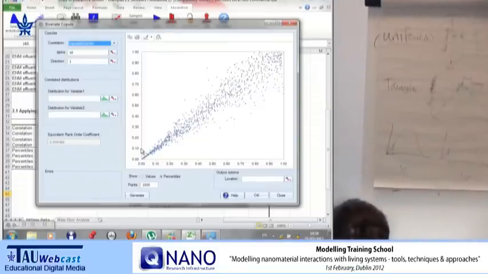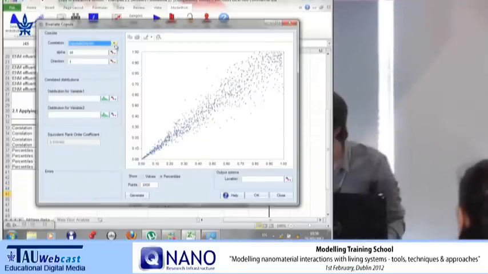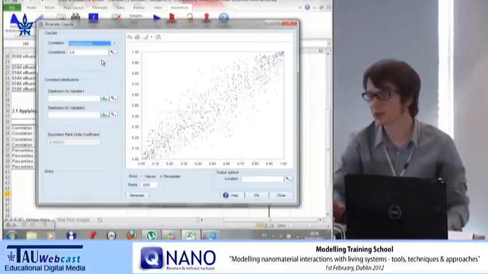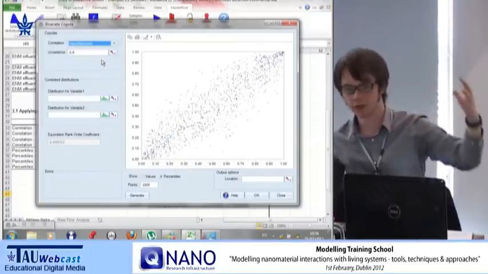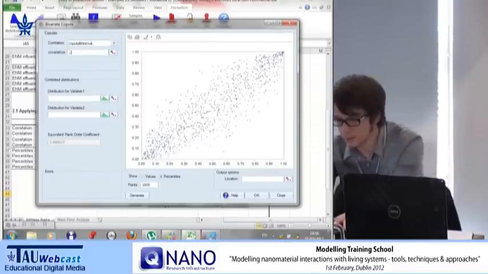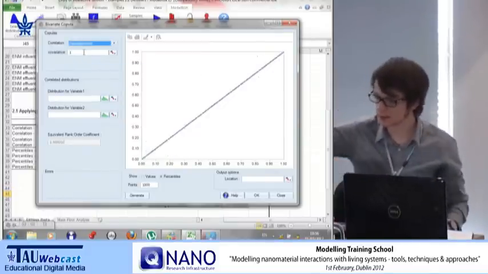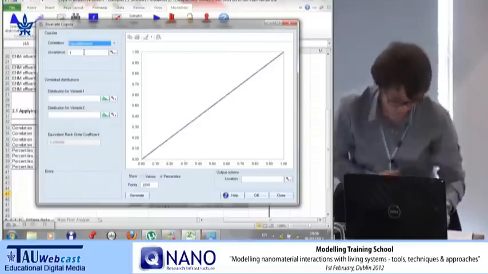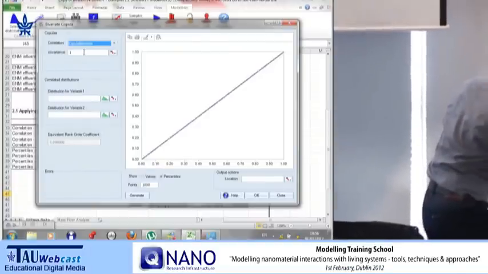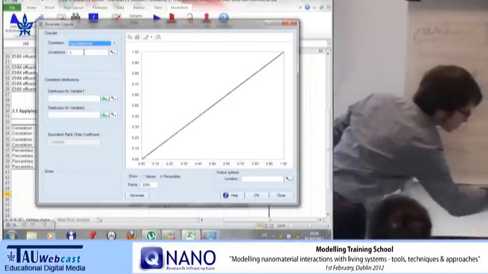And as correlation goes down, so the normal correlation, it's more in the middle, there's a bit more variability. And the covariance, if it's 1, they correlate exactly. So when this is sampling from the 90th percentile, this also samples from the 90th percentile.